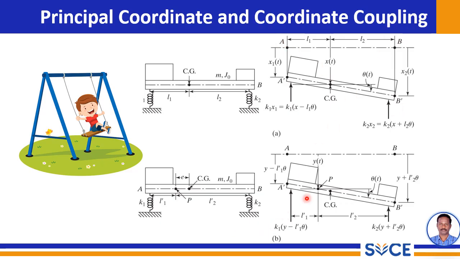Similarly, let me focus on figure B. It's the same system, where the springs are attached in a way that minimizes the coupling. Coupling, in the sense of the coupling of two motions, linear as well as rotational motions. The symmetrical arrangement of the springs ensures that when the body moves vertically, it experiences minimal rotation, and vice versa.